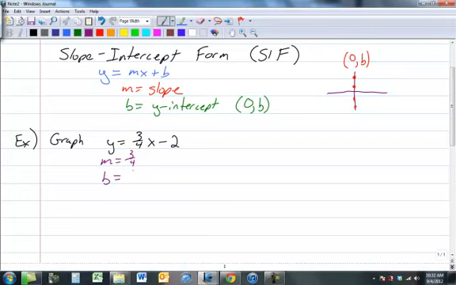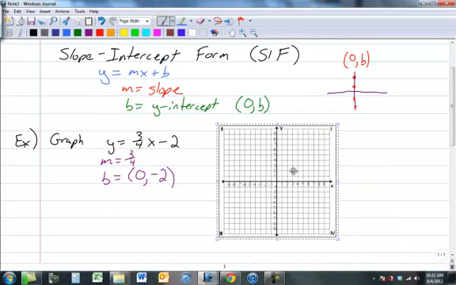B, the y-intercept, is going to be the point 0, comma, b is, don't forget the minus is a negative, -2. So we're going to graph this. Through the miracle of technology, I can paste a graph right here as part of my notes. I think I gave you all some graphs that you could use. Just do that on a separate graph.